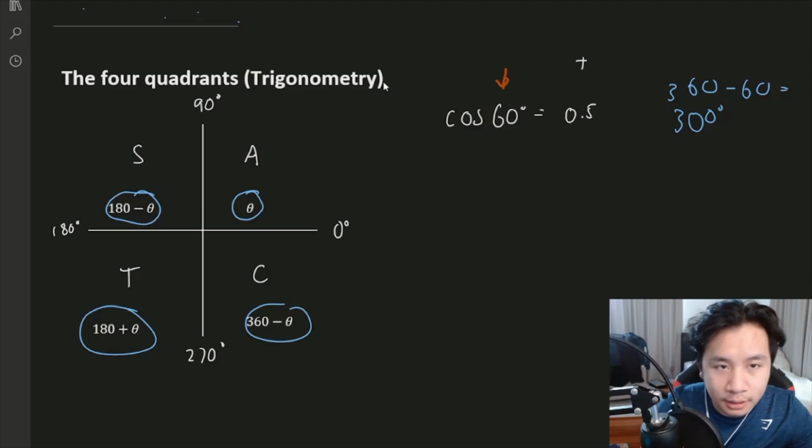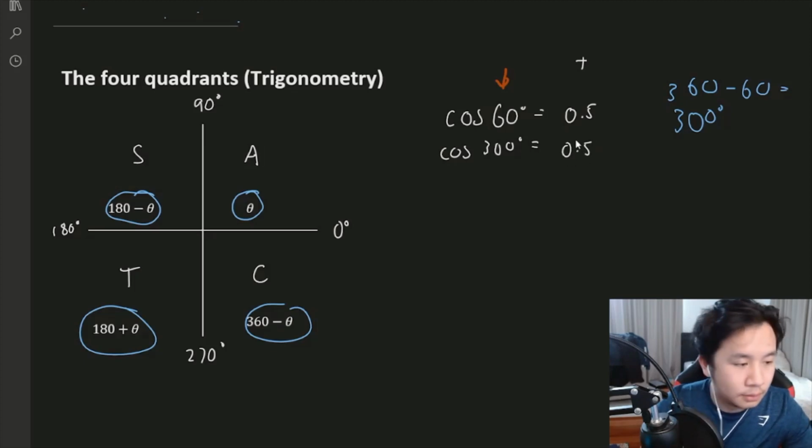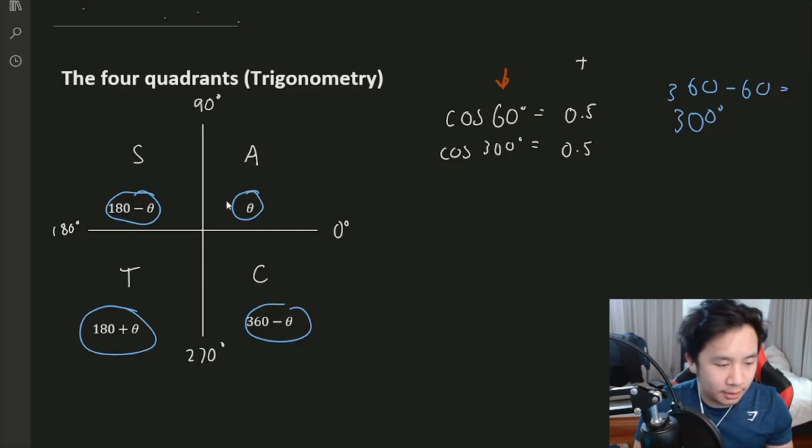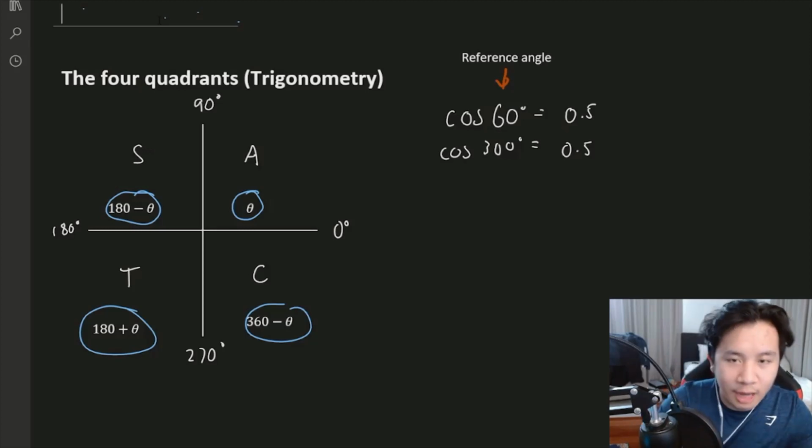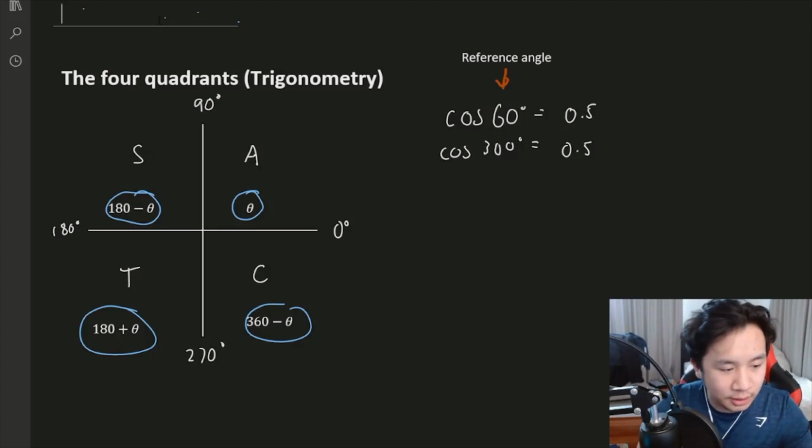And so if you typed cos 300 degrees in the calculator, you'll also get 0.5. So that's what these expressions are telling you. They can help you find angles that will give you the same answer. Just a note, this is called the reference angle or the related angle. And I'll be saying that quite a lot in this video.